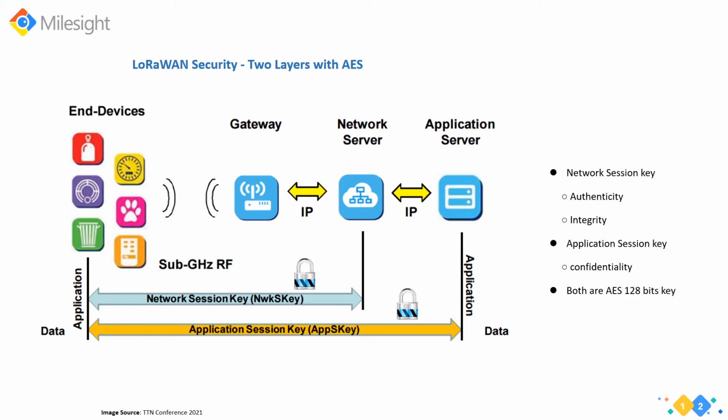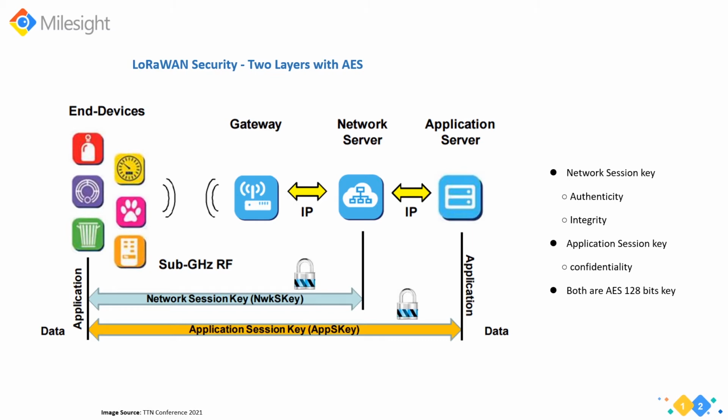And another is for end-to-end payload encryption. Here you can find the application session key. It also uses an AES 128-bit key, the industrial standard for securing communication. So both keys are AES 128-bit keys. We have the network session key and the application session key.